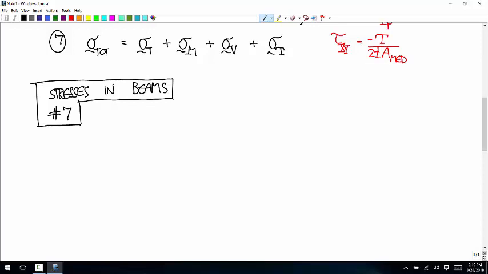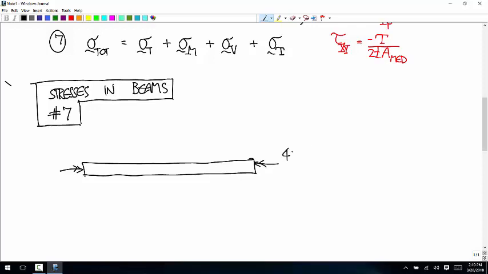All right, so we got a solid steel bar with a torque that way and a torque this way, and I guess they're equal and opposite, 4,000 Newton meters. The coordinate system is the way that we always use it. The length is 0.8 meters.